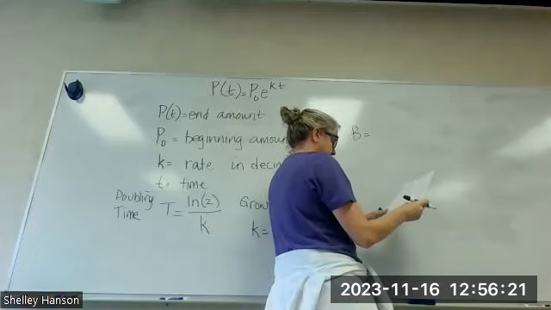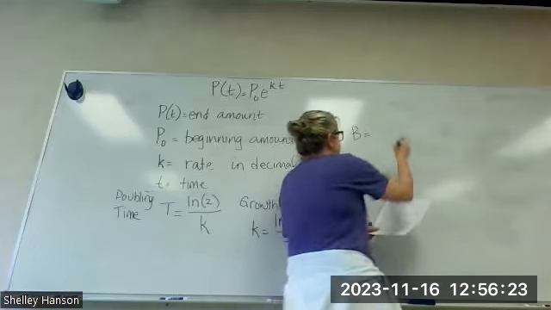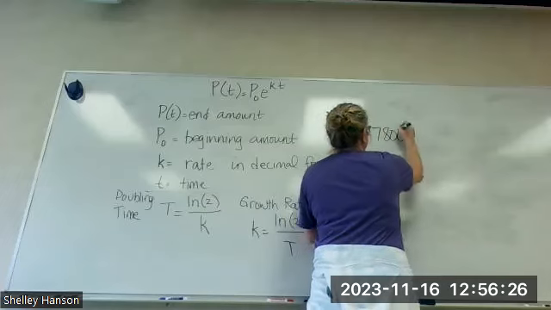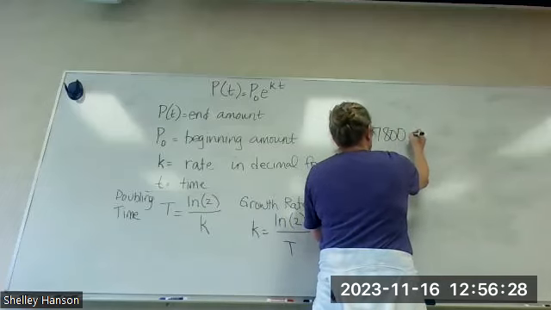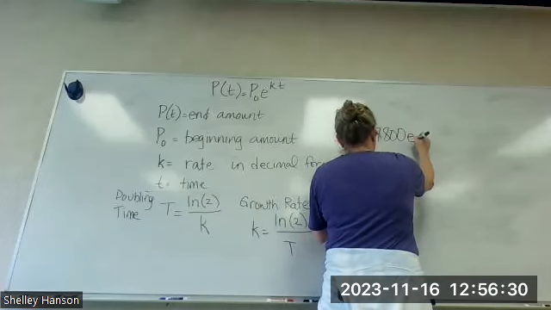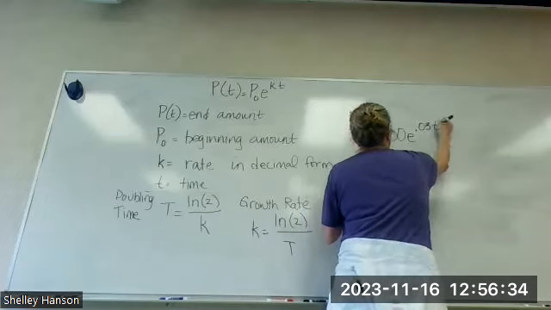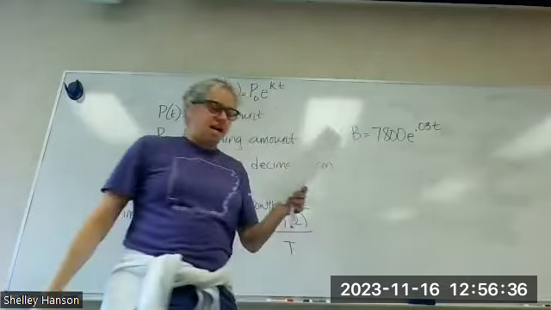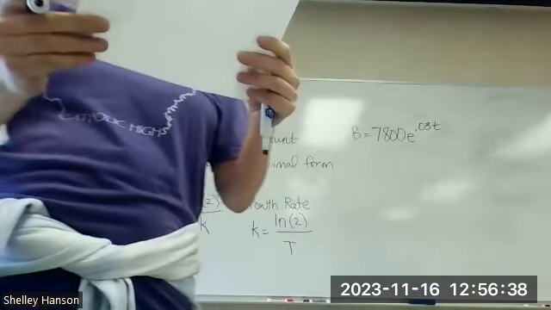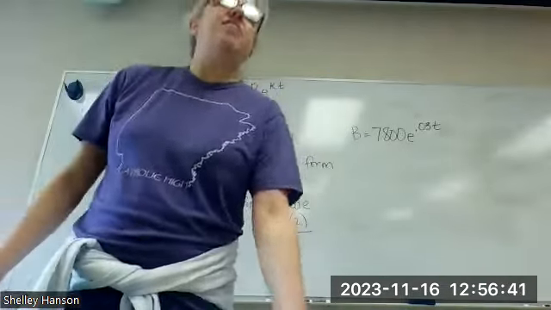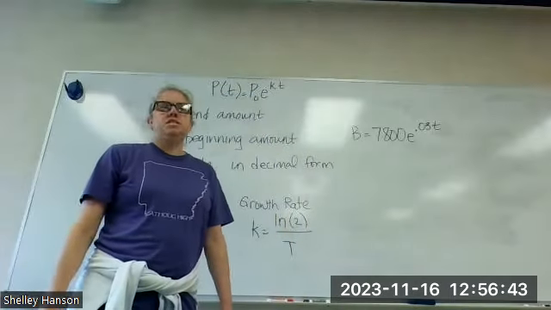B, books, equals 7,800 E to the 0.03 T, where T is measured in years. How many books will the library have after 4 years?